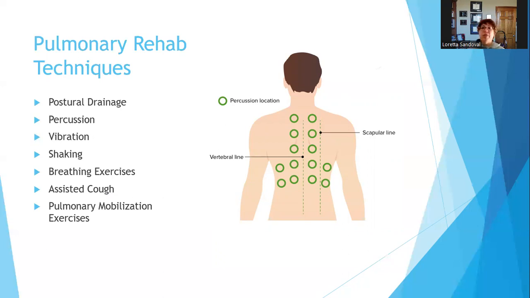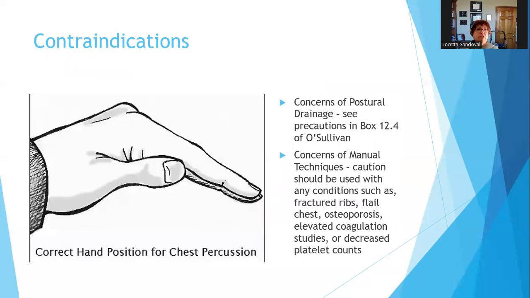And you do percussion with a cupped hand. So this is the hand position, and it actually feels kind of good. And for the person who is experiencing chest congestion, it feels really good afterwards, because they can breathe better.